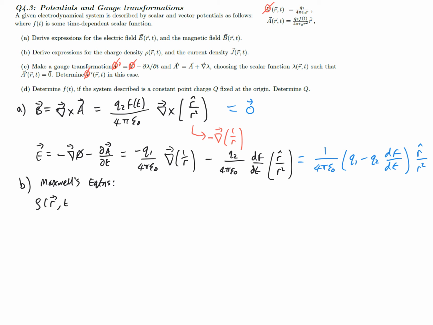The charge density, rho, evaluated at a position r at time t, is just epsilon naught times the divergence of the electric field, and we've just worked out the electric field, and we know that when we take the divergence of r hat upon r squared, we get a delta function. This again confirms our conclusion that this is actually behaving like a point particle.